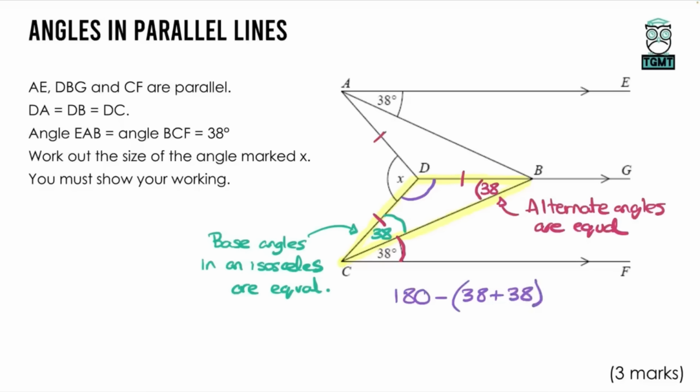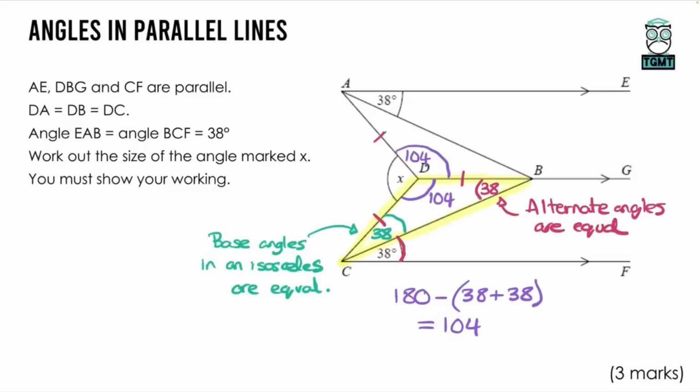I'm just going to type it all in one go, so 180, take away 38 plus 38 in brackets, and that gives us 104 degrees. So that one there is 104. Now, it's not always going to be like this, but because that is almost reflected up to the top, in other words, all of the angles above are exactly the same because it's the same diagram, just sort of flipped upside down on top, that means this here is also 104.